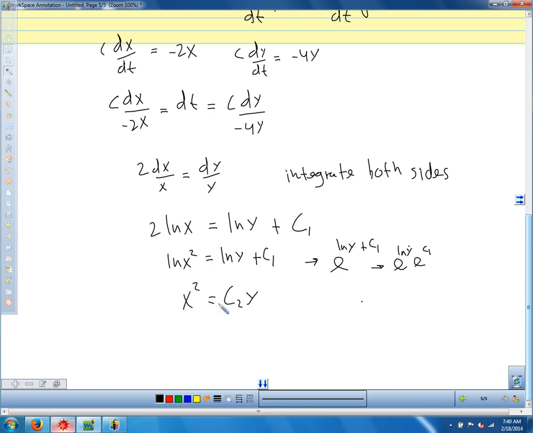We know that the particle starts at (4, 3). So that lets me solve for my C2. 16 equals C2 times 3, and C2 is 16/3.